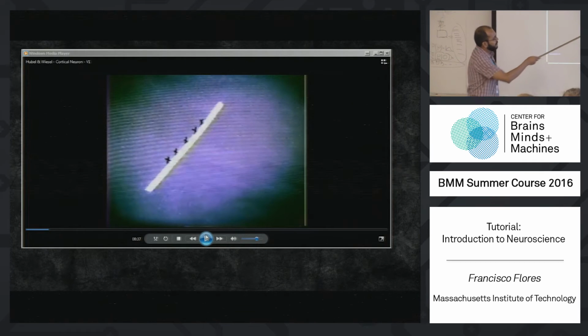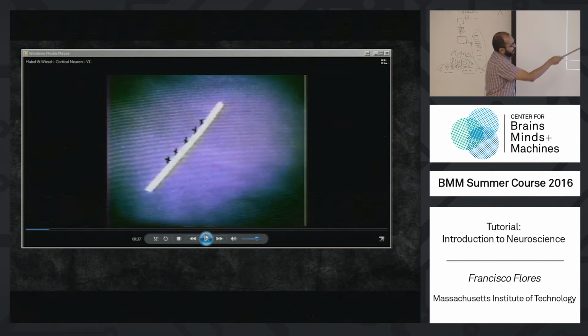So you see the neuron fires a lot whenever the bar of light is here. But when they move it to this area, nothing really happens.